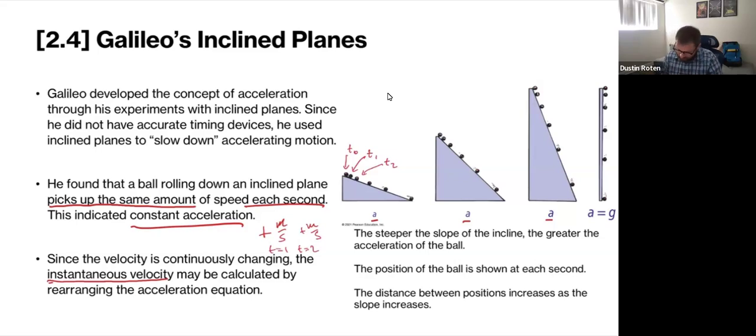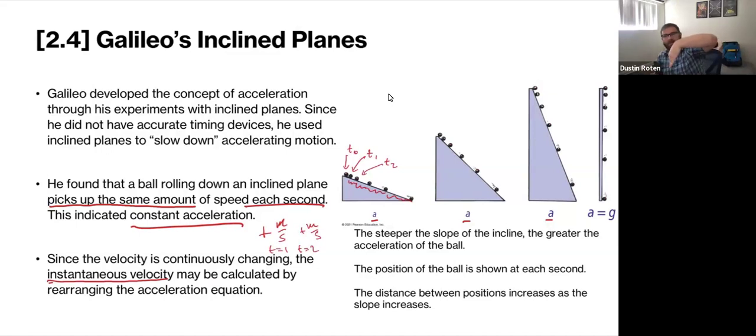After each second, the distance keeps getting larger. And instead of the velocity being added to by the same amount, the distance after each second keeps getting more and more added to it.